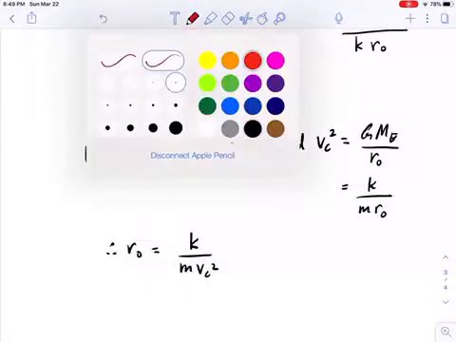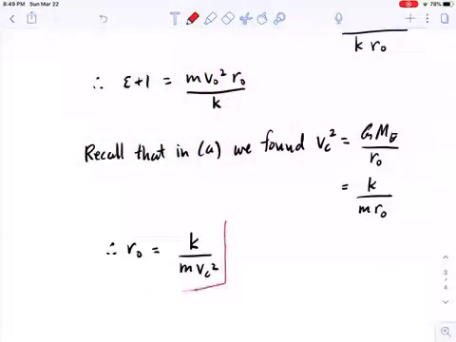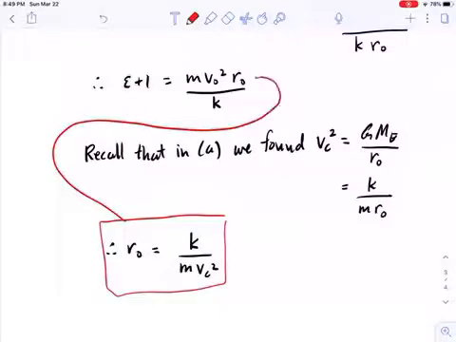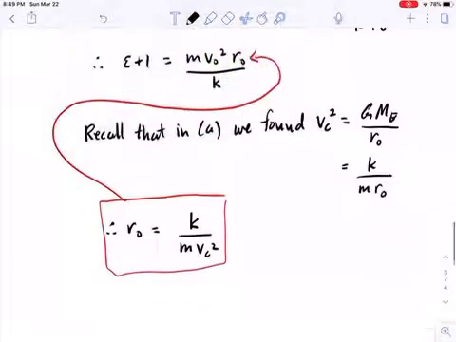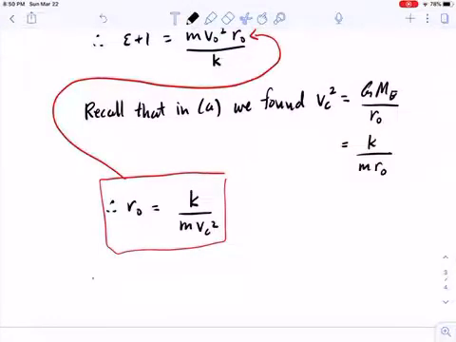And what we'll do is take this r0 expression and put it in right there and end up with epsilon plus 1 is equal to m v0 squared over k, and then r0 is k over m vc squared.